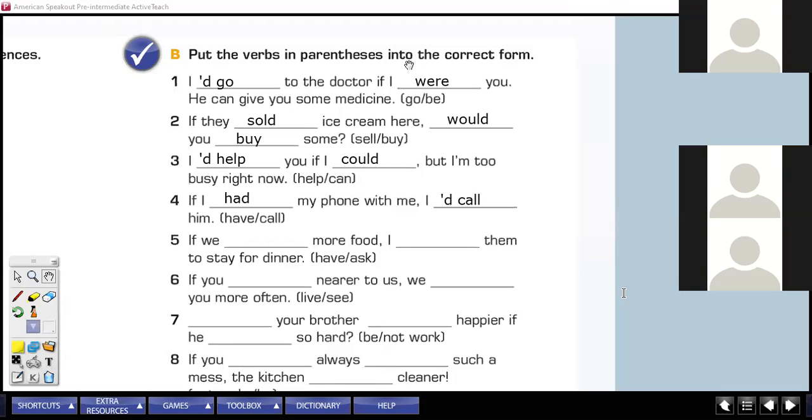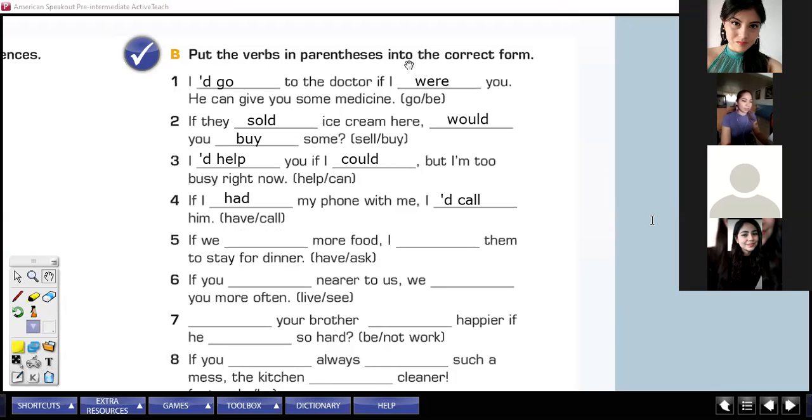Please, Lisbeth, number 5. If we had more food, you asked. I'd. Pronunciation, I'd. Ask them to stay for dinner.